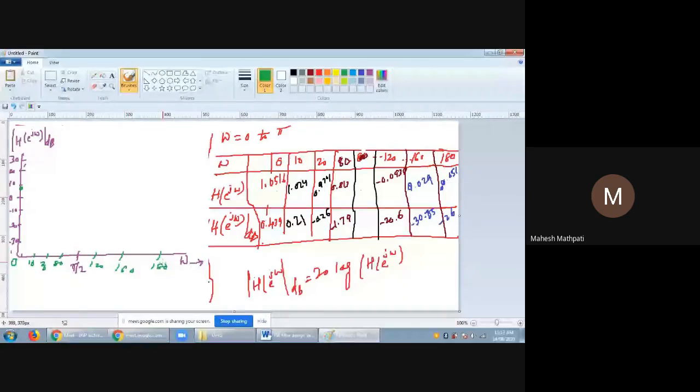At 10, how much are you getting? It is again 0.21. So here I will take it as a point again at 10. Then what about at 20?